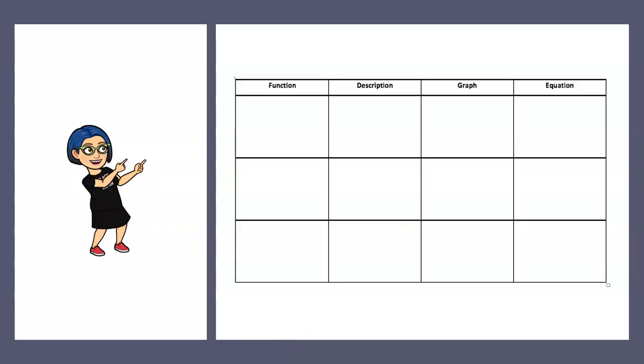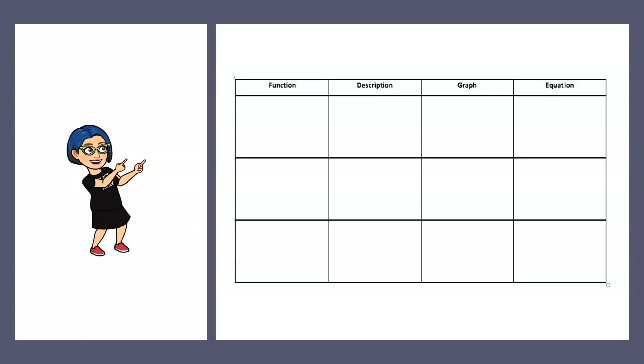So hopefully that first section was a review for you from middle school. And now we're going to add a little more into our functions. So what I would like you to do is on the first page of your notebook, go ahead and draw this chart. You can turn your notebook sideways, you can leave it vertical, however you want to do it because it's your notebook.